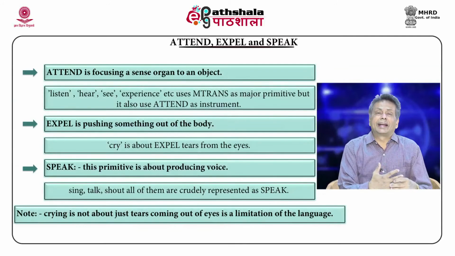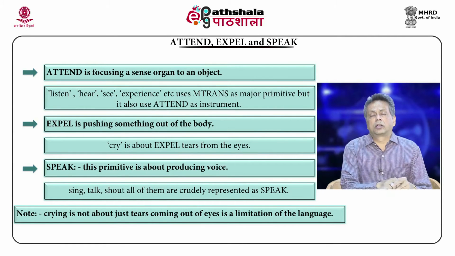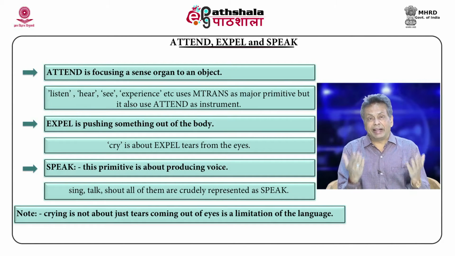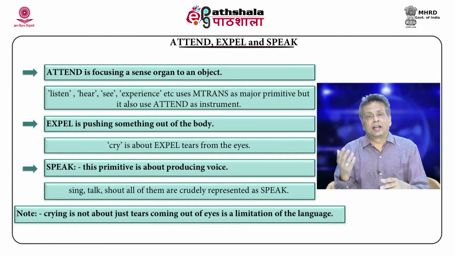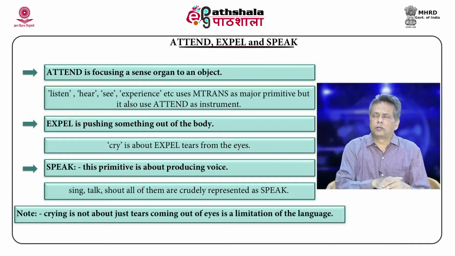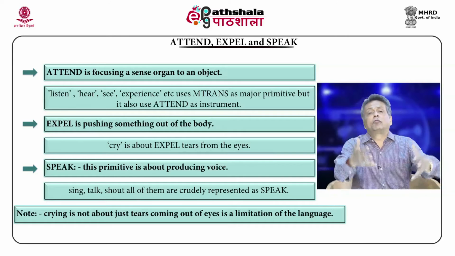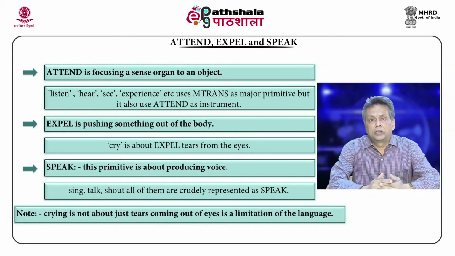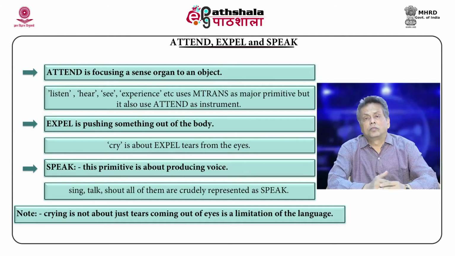One more is called attend. When you focus your sensing organ on something, for example, when I am reading, I am focusing my eyes on the newspaper, or when I am listening, I am focusing my ear on the other party's words. For example, I am viewing a cricket match, so I am attending my eyes to the match.